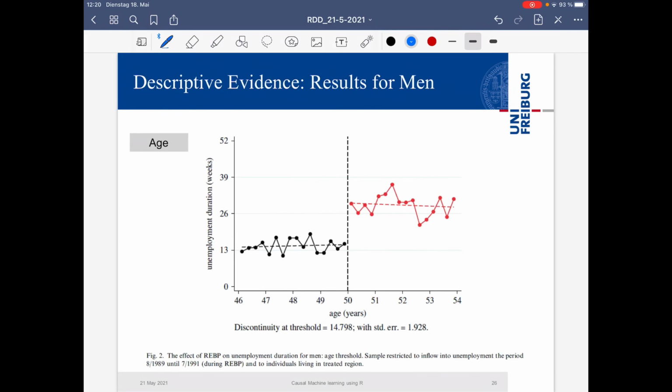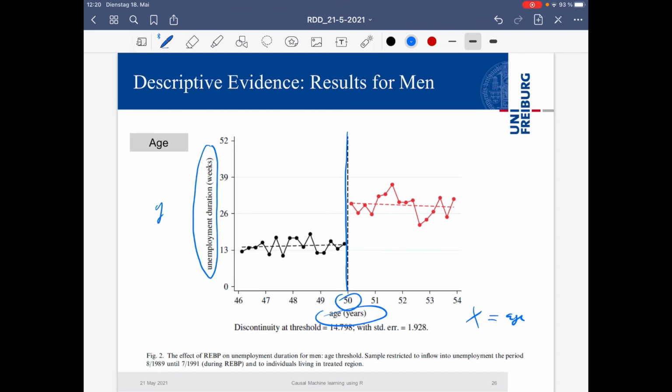Well, and this is the crucial diagram. You have the running variable x, which is age, on the horizontal axis. Here is the cutoff point, the threshold, the jump, and you have the y variable, the mean outcome, on the vertical axis.